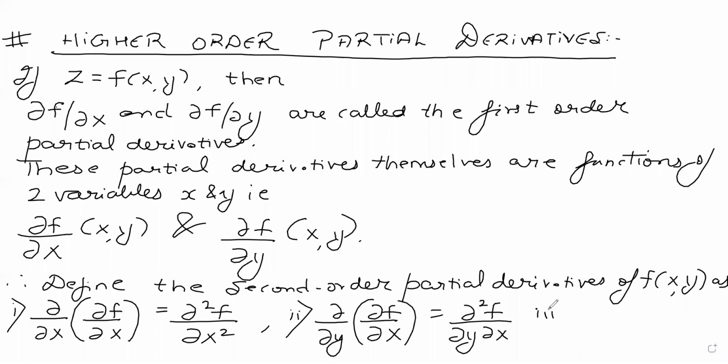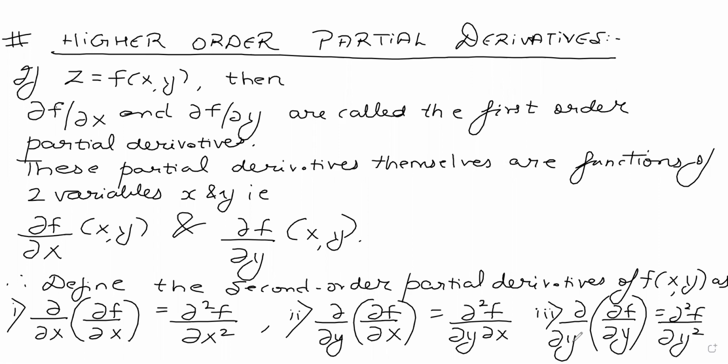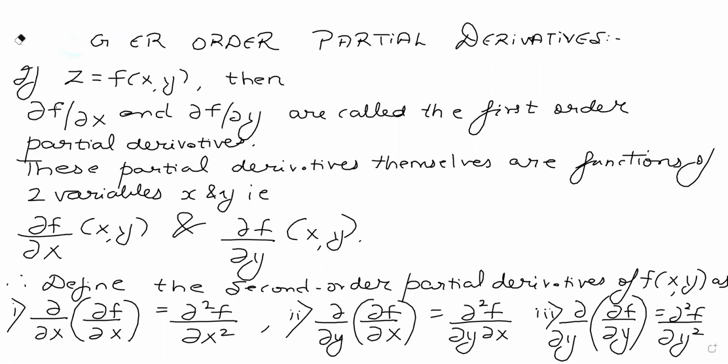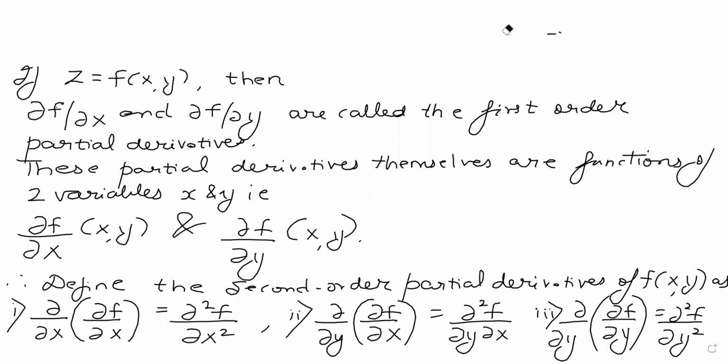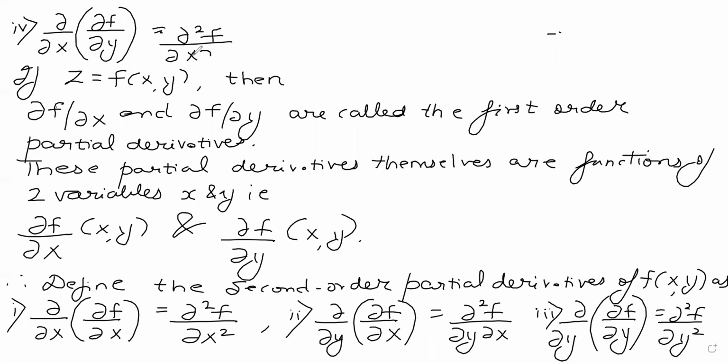Then third, del f by del y, if I differentiate with respect to y, del square f by del y square. And the fourth one I am writing on the top, erasing the initial part. So the fourth one, del f by del y, if I partially differentiate with respect to x, I get del square f upon del x del y.